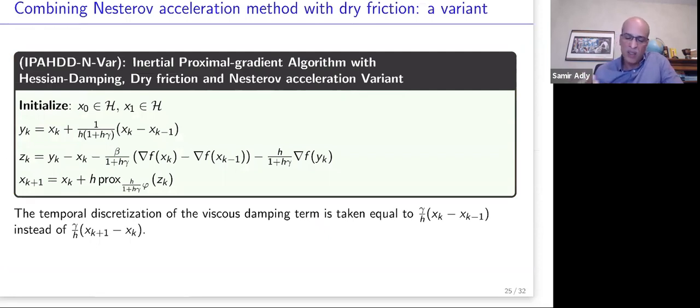In this slide I just want to mention that by taking another discretization of the velocity, rather than this discretization, we take this one. We can have another variant of the algorithm, which is completely different from the first one but has the same properties.